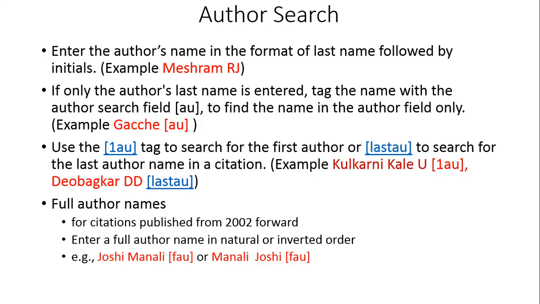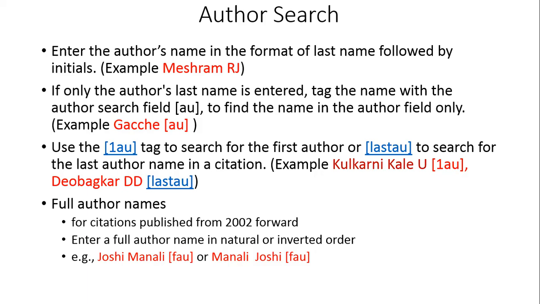Now, what if only the author's last name is entered? Then tag the name with the author search field. Whenever you search in PubMed, you can provide a tag to your concepts.